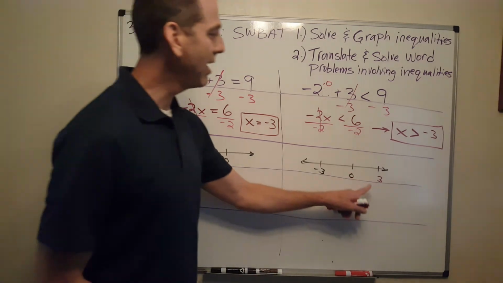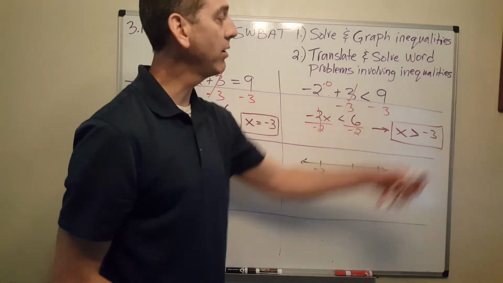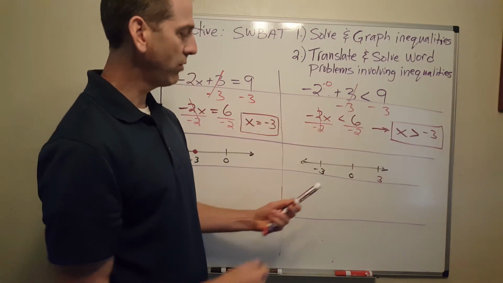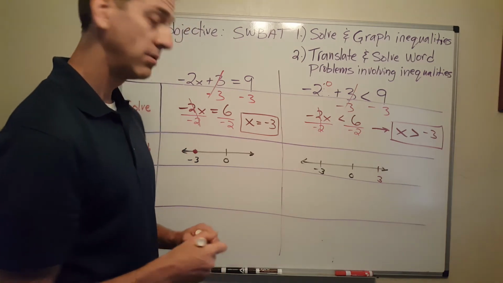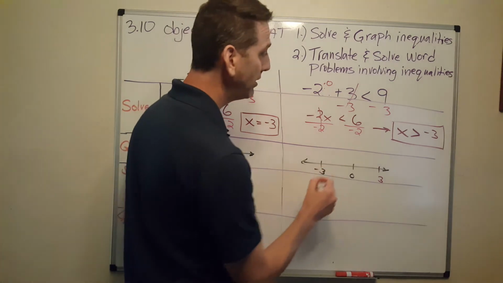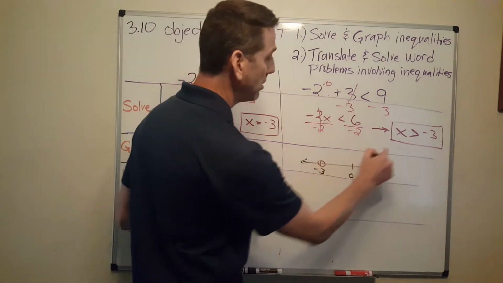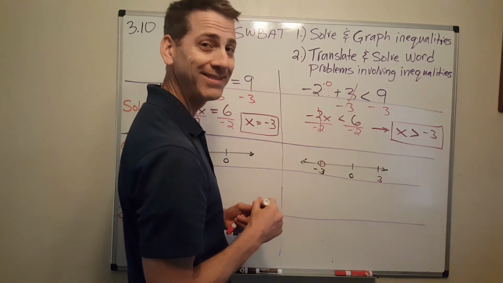Now let's go ahead and graph this inequality. X is greater than negative 3. Negative 3 is right there. Do I do an open circle or a closed circle? Well, is negative 3 part of the solution? Is negative 3 greater than negative 3? No, it's not.